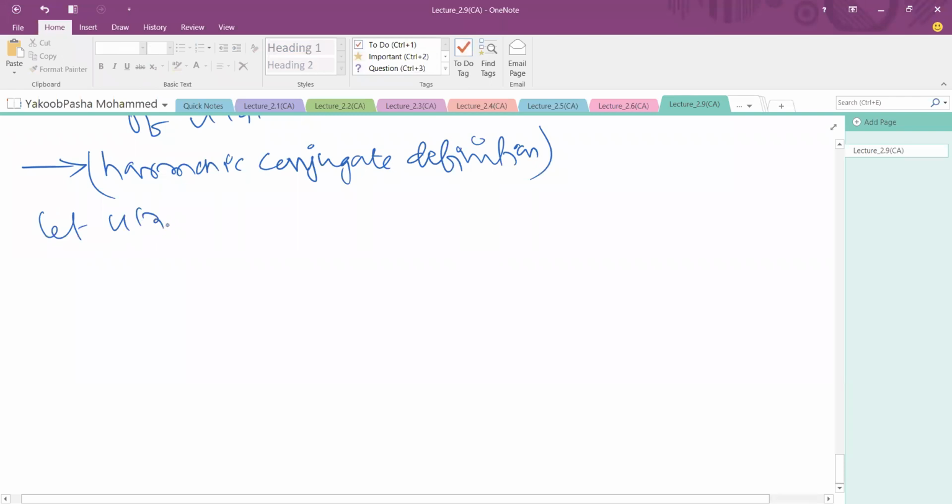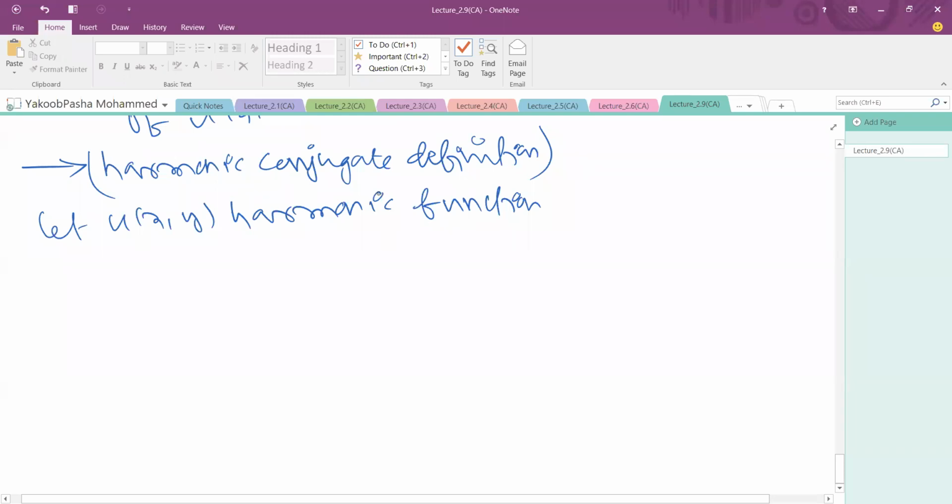Let u of x comma y be a harmonic function. Whenever it is a harmonic function, it satisfies the Laplace equation: del square u by del x square plus del square u by del y square is equal to 0.